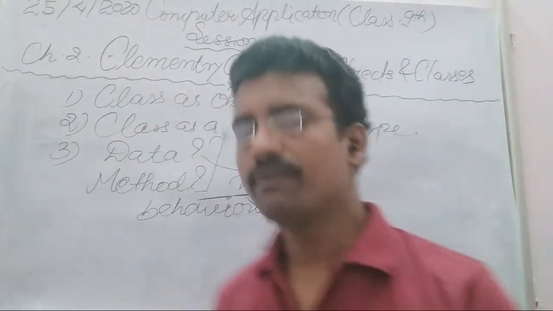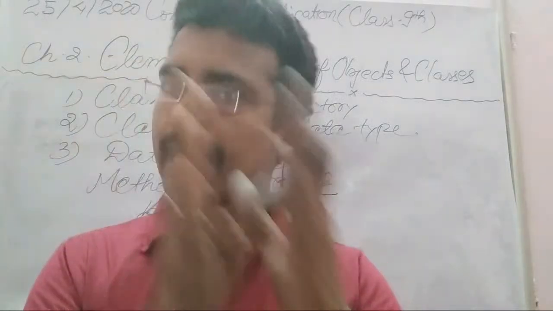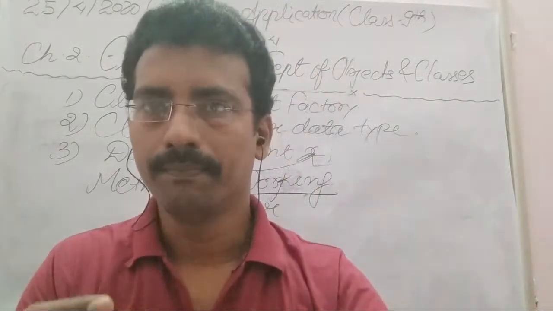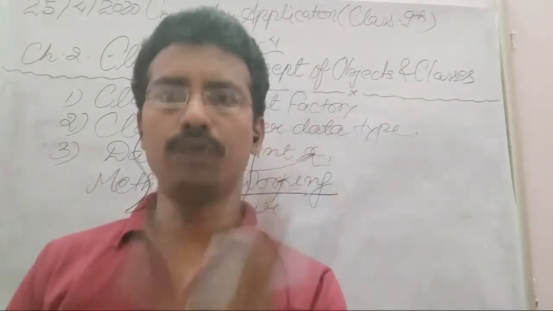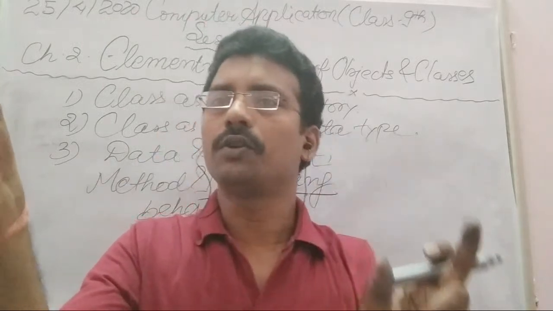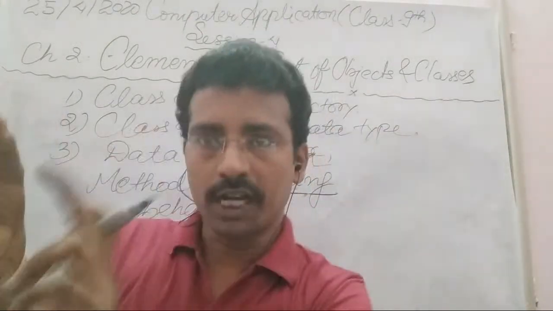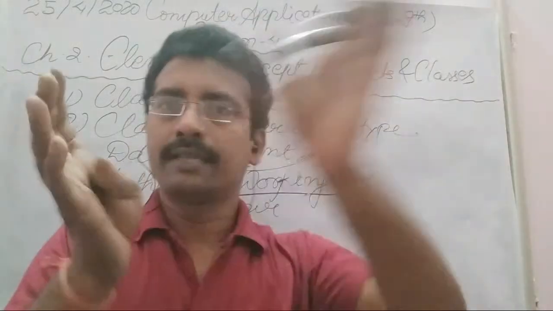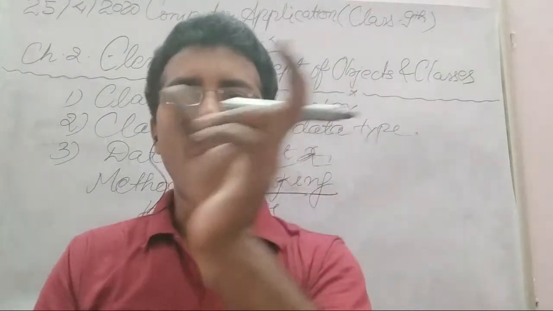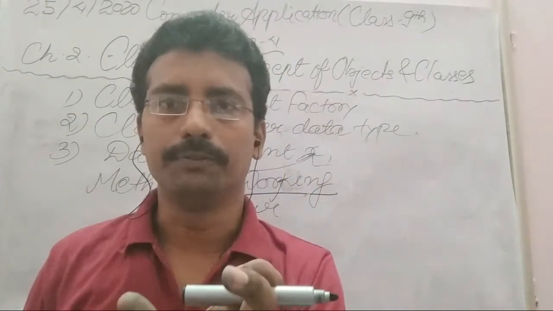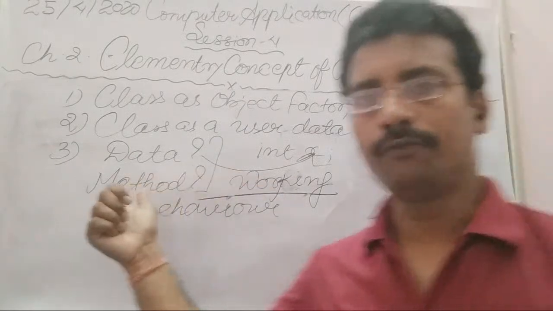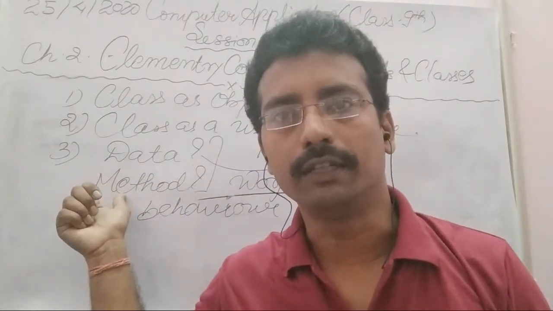If I say one class X has one method, sum, which adds two numbers, then this class X will perform the addition of two numbers. The object of this class will execute the program and give us the result of the addition. This way we set the behavior, the working of the class, by method.